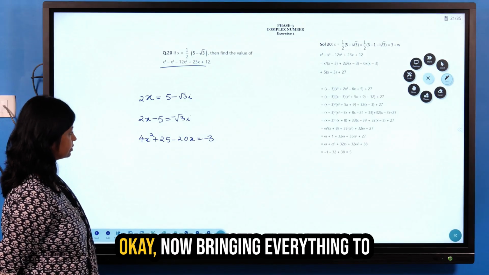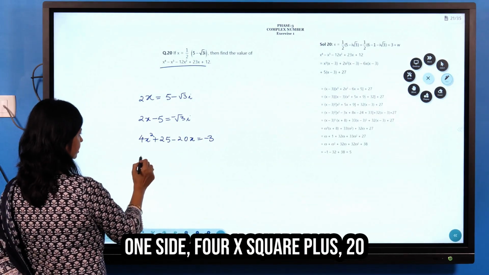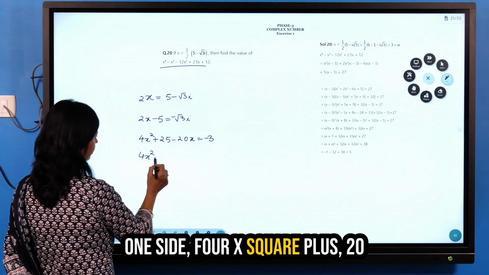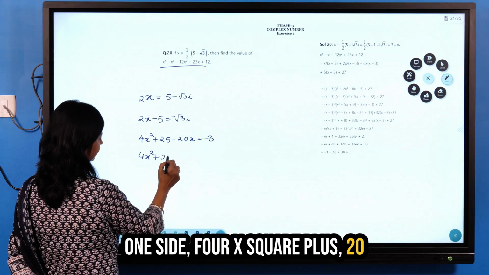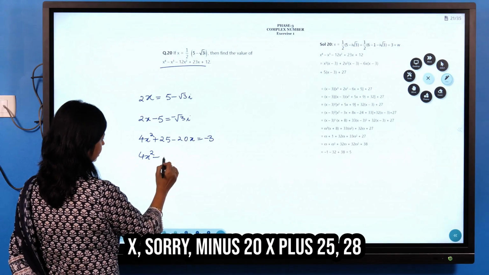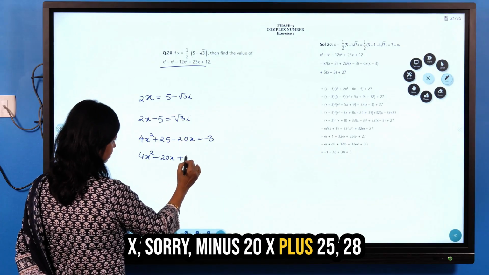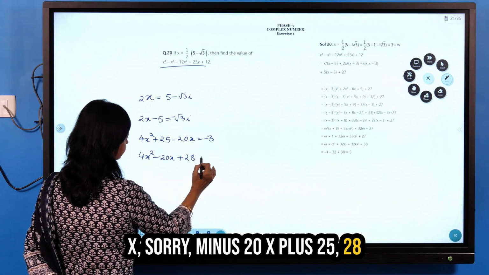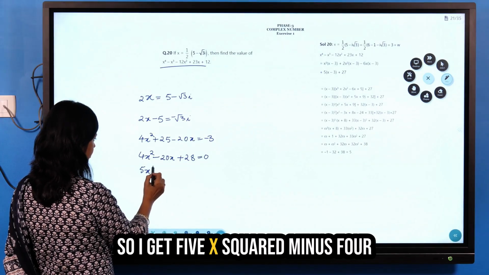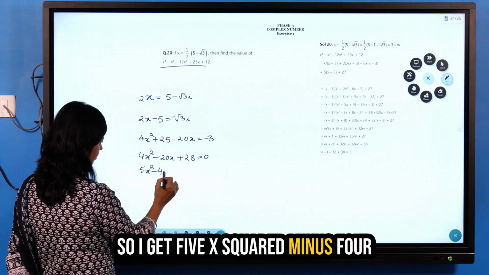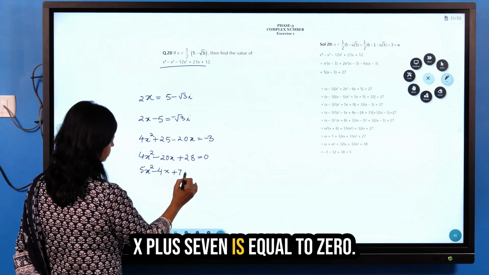Now bringing everything to one side, 4x square minus 20x plus 28 is equal to 0, dividing by 4. So I get x square minus 5x plus 7 is equal to 0.